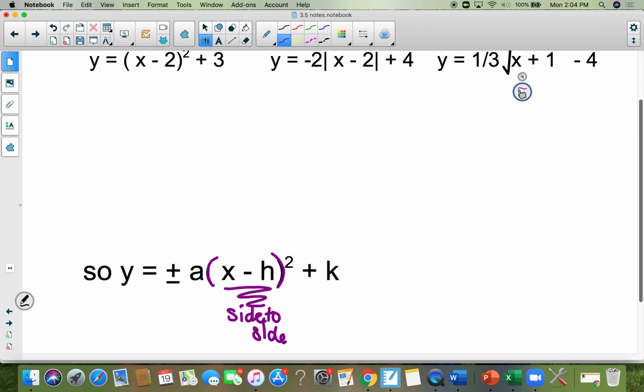The number on the outside moves it up or down. The negative sign flips the graph. If the A is less than 1, it makes it wider. And if A is greater than 1, it makes it skinnier.